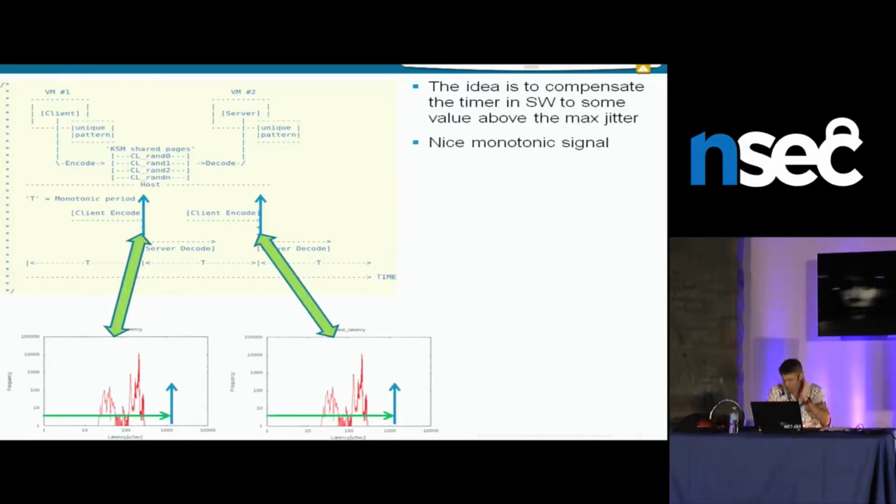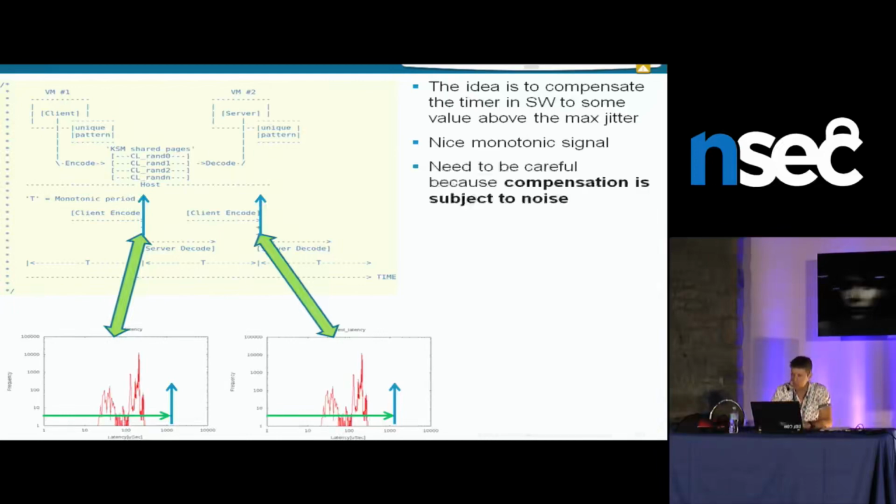So the idea I had is to compensate those timers in software, up to some value that I define as the maximum jitter. In theory, this should give us a nice monotonic signal. There is one catch: you have to be very careful, because the compensation, whatever type you do, is subject to noise.